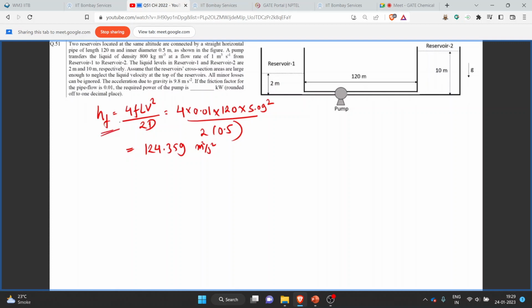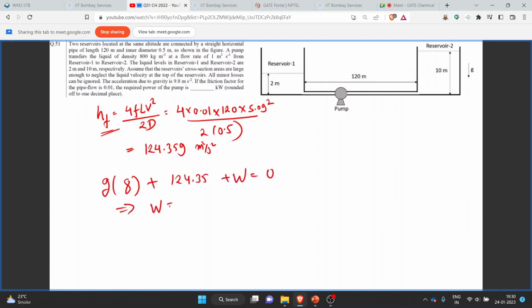Now we can replace this HF in the earlier Bernoulli's equation. So we have g into (Z2 minus Z1), that is basically 10 minus 2, that will be 8 meter, plus HF plus W. HF we have calculated as 124.35, plus work done is equal to 0.